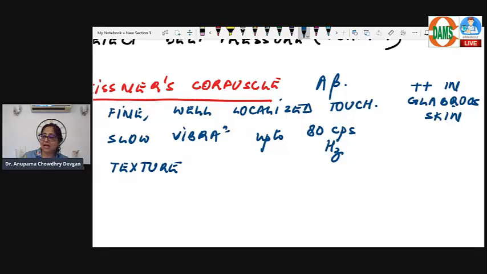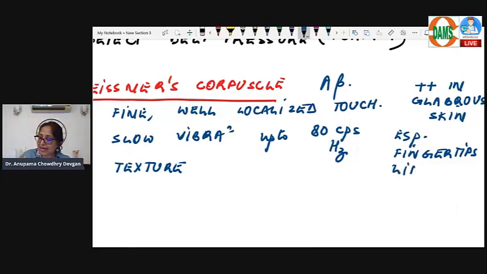Glabrous skin is non-hairy skin. They are present in glabrous skin, especially fingertips. Fingertips have a very high concentration of Meissner's corpuscles. Whenever you want to feel the texture, you use your fingertips, isn't it? So they're especially present in the fingertips.